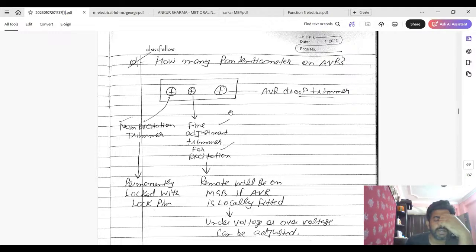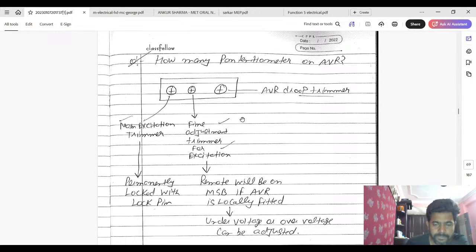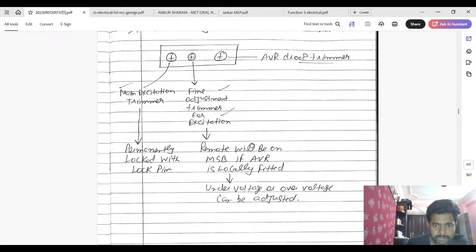Second is the fine adjustment trimmer. We use this trimmer to adjust the voltage. And one is the AVR droop trimmer. We generally do not touch it. It is set by the manufacturer.